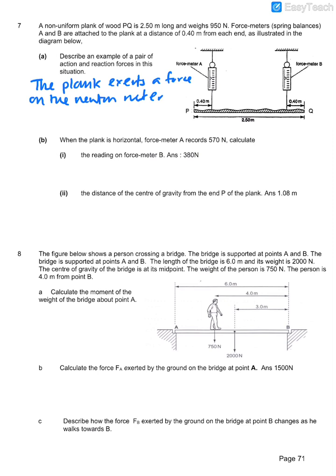So you identify the two bodies. One is a plank, one is a Newton meter. Which Newton meter, you can say A or B, up to you. Then this is the action. Jonathan, this is the action. The plank exerts a force on the Newton meter, and the reaction is, the Newton meter A exerts, and what are the important two words you must have?